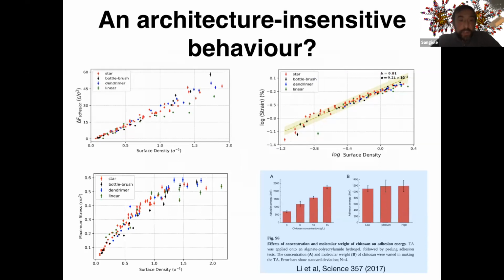And what you observe is that, independently of the type of architecture, the only parameter that matters is the total amount of polymer present at the interface. This is pretty interesting, and there are also some hints of that in the literature. We checked, and there is nothing about architecture, but as long as we keep the architecture linear, this is consistent with what we observe.